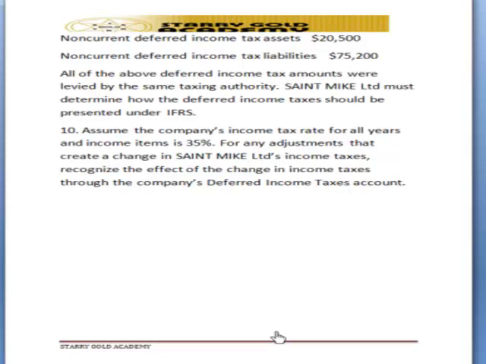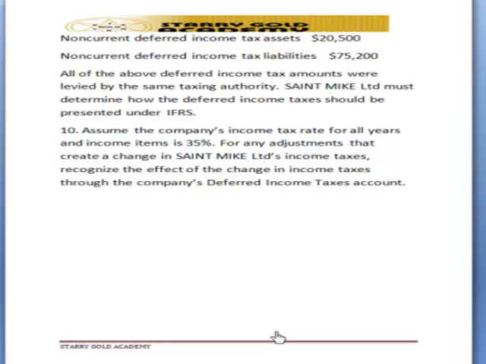All of the above deferred income tax amounts were levied by the same taxing authority. St. Mike Limited must determine how the deferred income tax should be presented under the IFRS, and that is still dealing with presentation of financial statements. So IAS number 1 is still applicable.